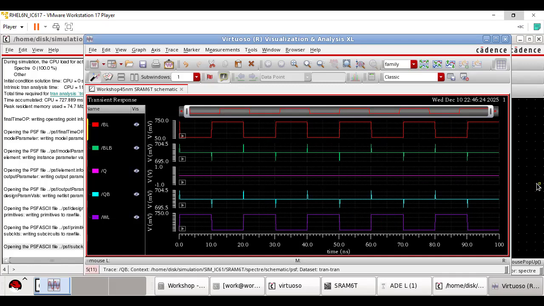So that is how your read operation takes place. Now I have explained to you all the read, write, and hold operations. Please ask if you have any questions. Now we are left with only one topic, that is how do we decide the stability in an SRAM cell? And second, how do I see the delay in an SRAM cell? Only two things are left. Then I'll make you understand how we create an array of the complete SRAM, right?